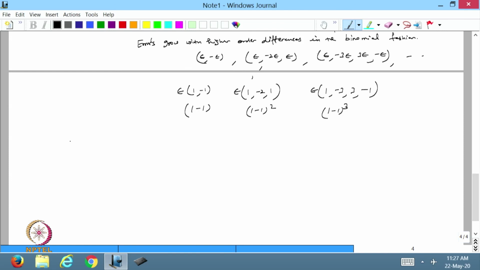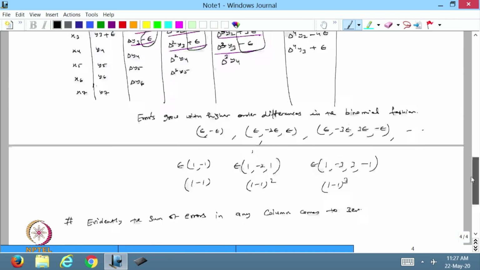So, from here also I can write that evidently the sum of errors in any column comes to 0.